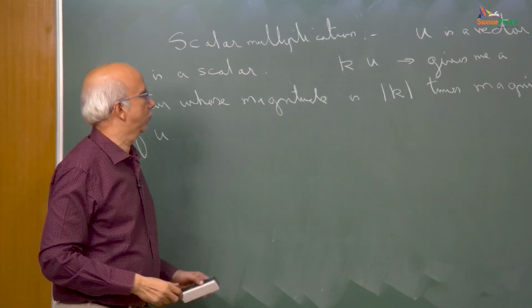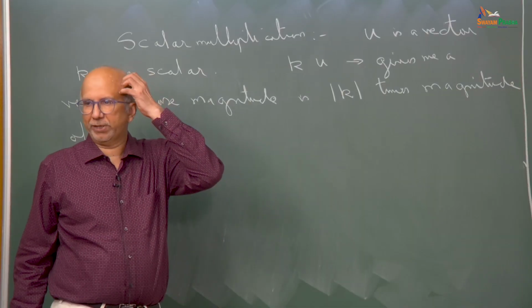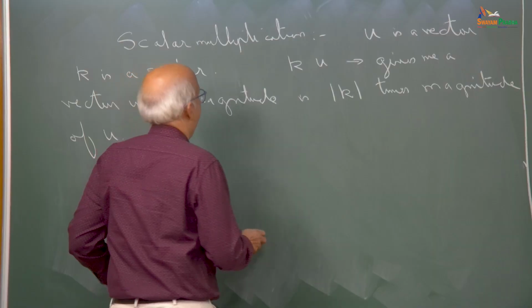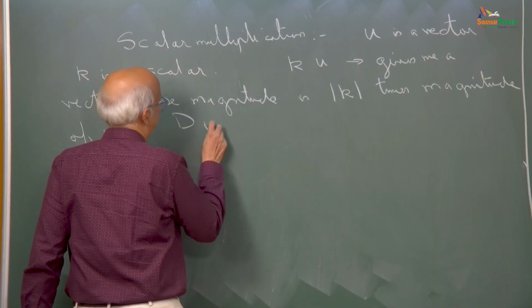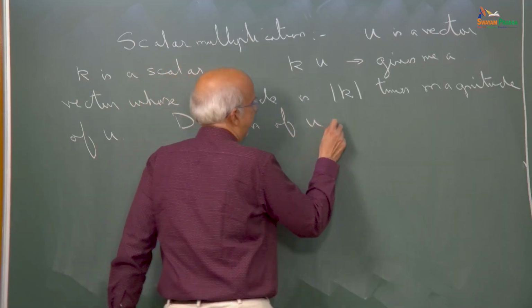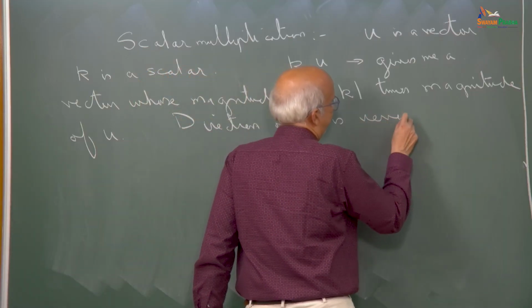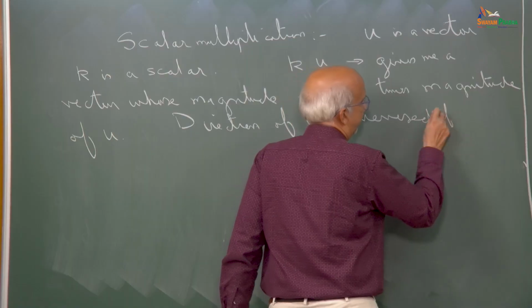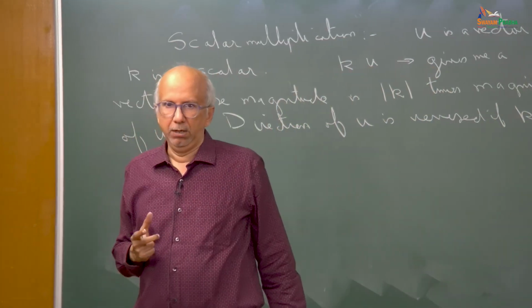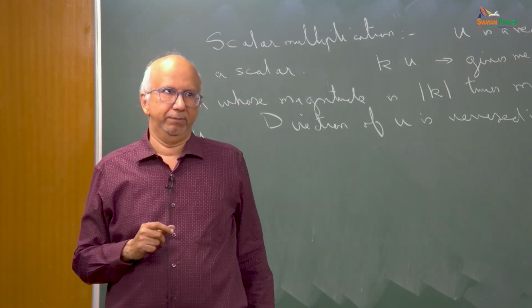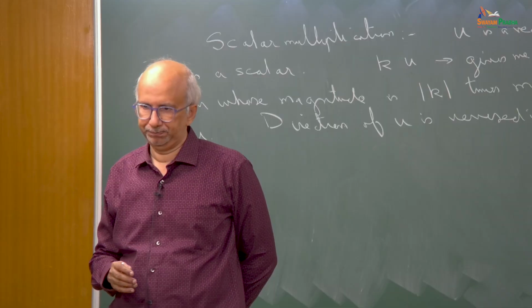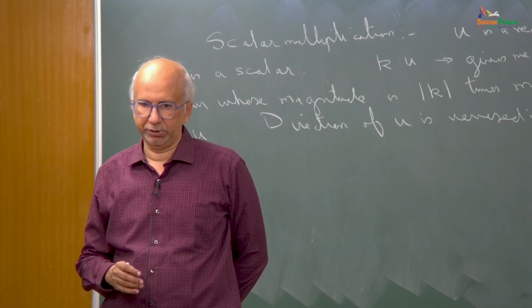So, u has a magnitude, so ku has a magnitude that is |k| times that, and the direction of u is reversed if k is negative. That is my physical geometric way of thinking. If k is negative, the direction is opposite. That is what you are used to thinking.